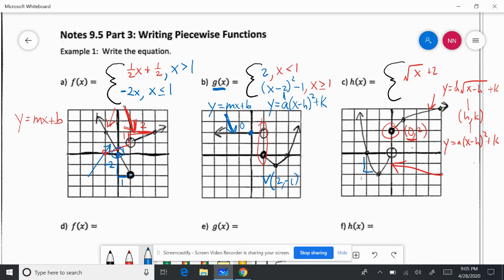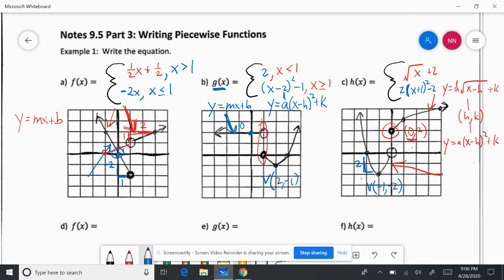Notice that our a value is no longer 1. It's 2. So we have 2 parentheses. Our vertex right here is at (-1, -2). So that means that we have 2 times (x plus 1) squared minus 2.